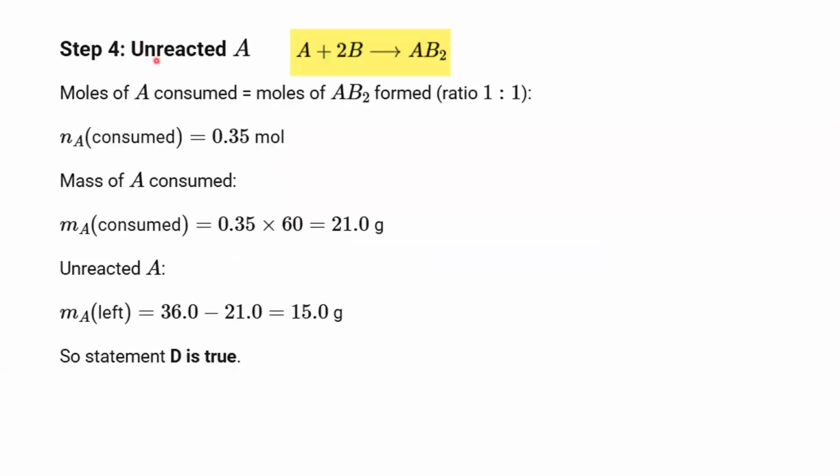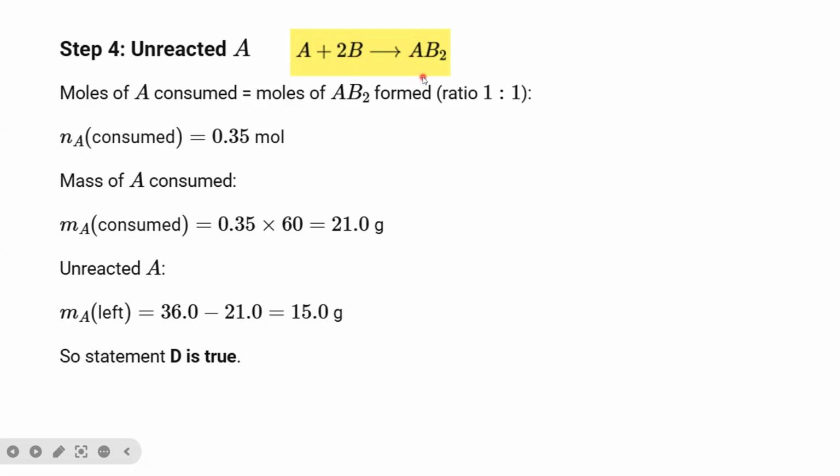Next, we will find the unreacted A. From this reaction, we know A plus 2B gives AB2. So moles of A consumed is equal to moles of AB2 formed, because 1 ratio of A reacts with 2 ratio of B, that is 2 moles of B, and gives 1 ratio of AB2.